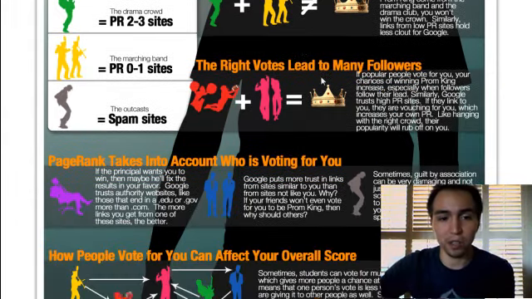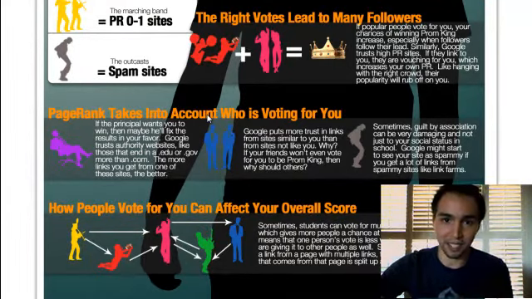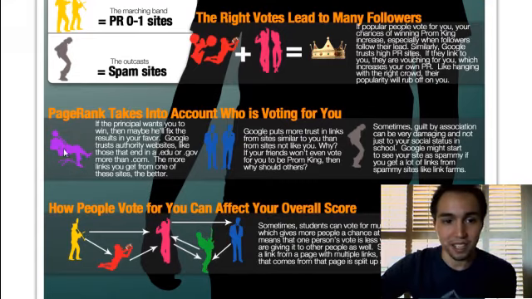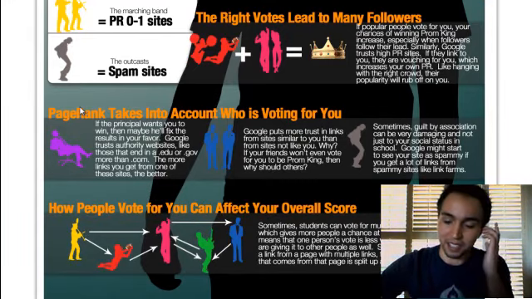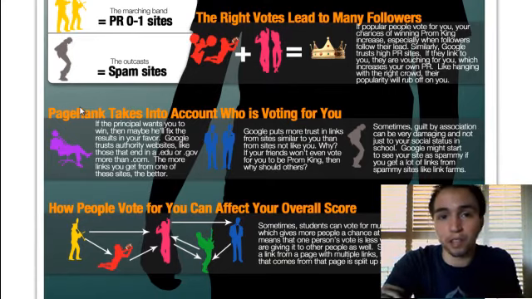So let's keep scrolling down, keep it simple. Now, PageRank takes into account who is voting for you. Alright, here's where it starts mattering. There's different types of links in the world. Look at this one, it uses the principal as an example, and basically the principals are like your trusted type of sites, meaning the sites that have industry stronghold. Let's say Realtor.com, let's say on their blog, if they link to you.